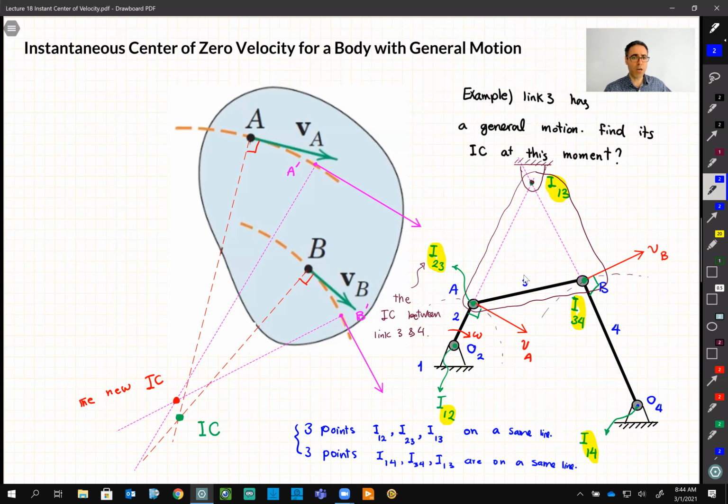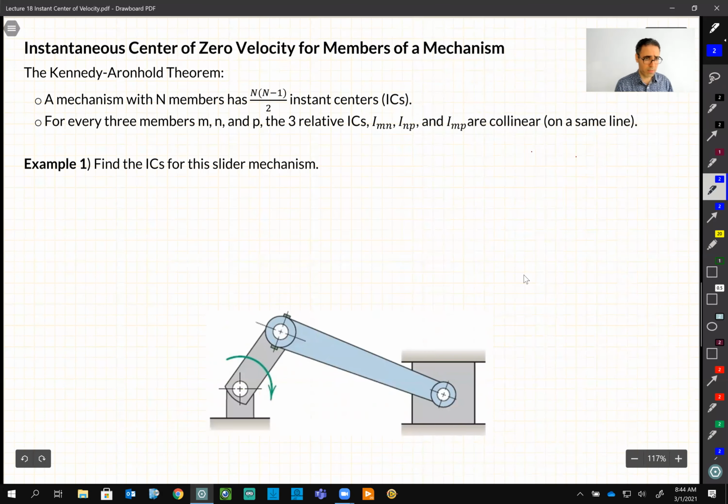With this, and hopefully if you could follow this and the logic behind it, these 2 guys, Kennedy and Arnold, and they have nothing to do with Kennedy the president and Arnold, I guess, the governor of California, were 2 scientists a long time ago.